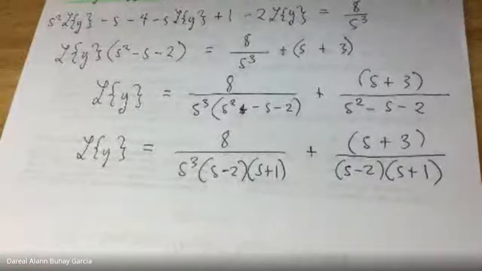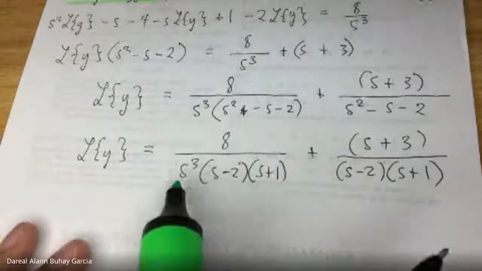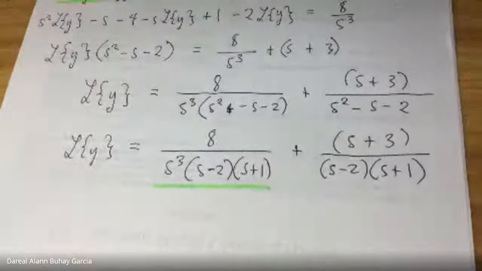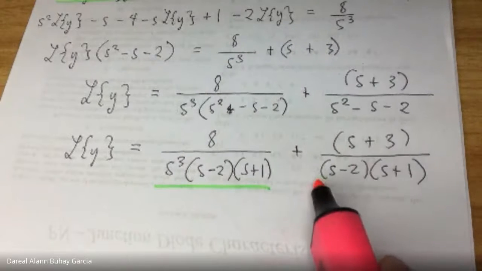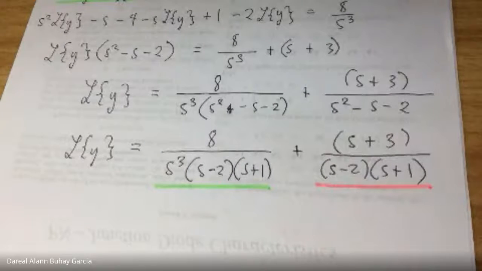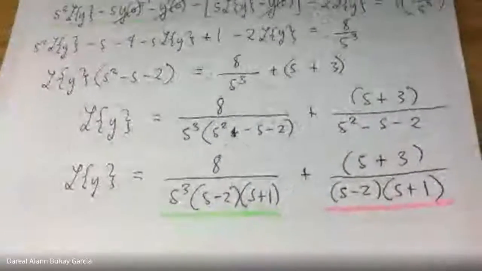So I think kinahanglan duha ka separate nga paper. Lahi na siya, and lahi ni. So unahan na to ng isa: 8 over S cubed, S minus 2, S plus 1.